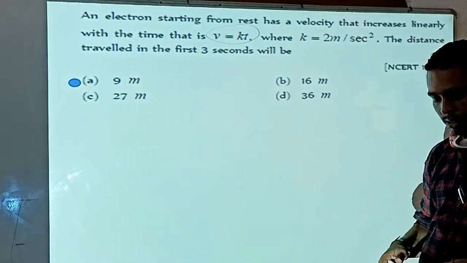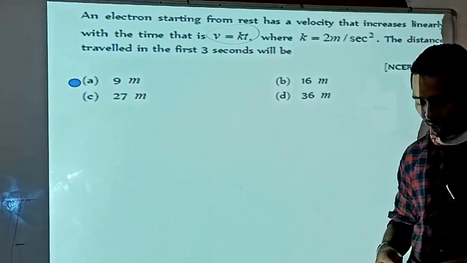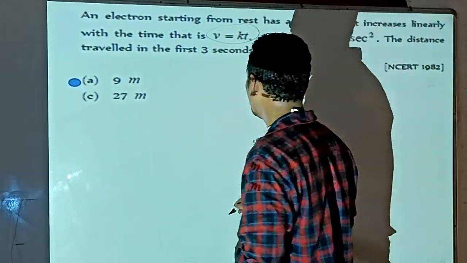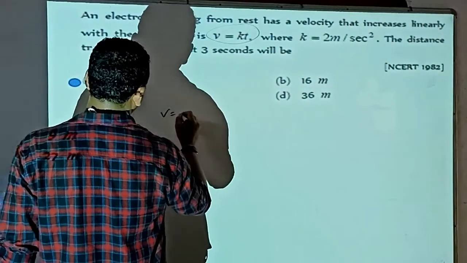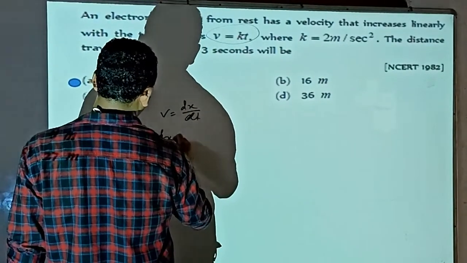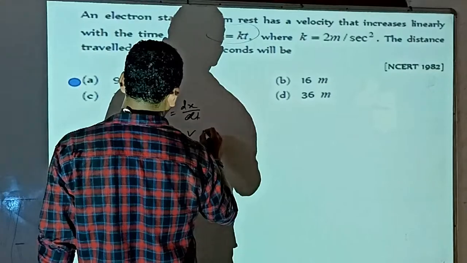dv by dt. Okay, if we write v in terms of x, then in terms of dx by dt it will be v. So v is equal to dx divided by dt, or dx is equal to v into dt.